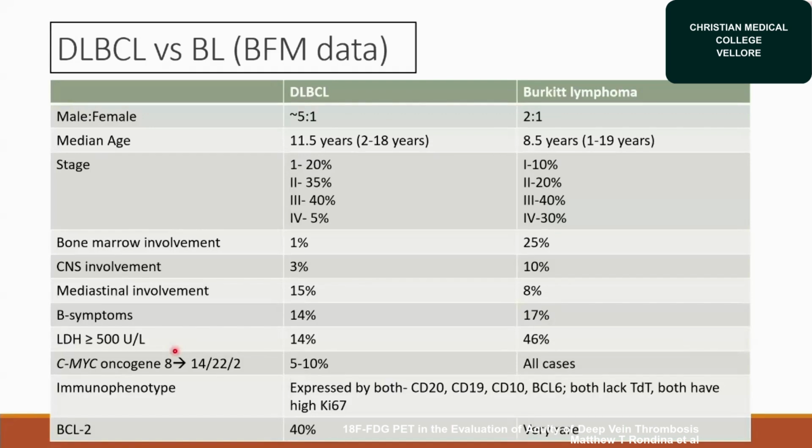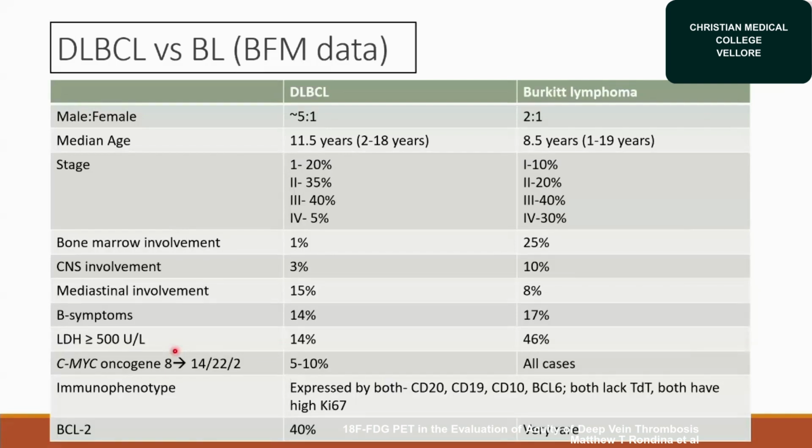Now, the immunophenotype. If you were to run an immunophenotype on DLBCL and Burkitt, both of these will strongly express CD20 and CD19. This is a mark of differentiation. Our lymphoblastic lymphomas usually will not express CD20, whereas our DLBCL and Burkitt will strongly express CD20, and both of them will lack TDT.